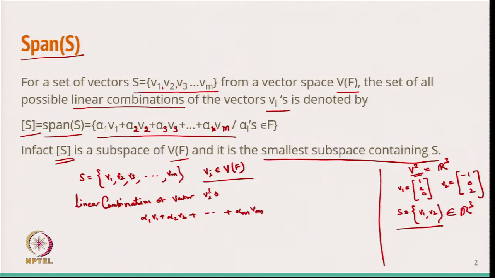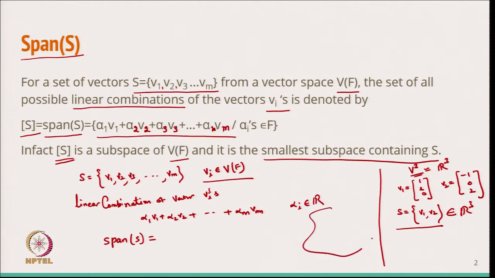This is the linear combination I am taking, where my alpha i's come from the field, that is, real numbers in this case. Now, I choose all the linear combinations, and I call it the span of S. So, this is a set which contains all these linear combinations.